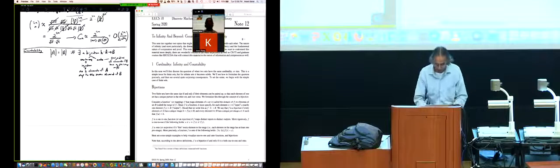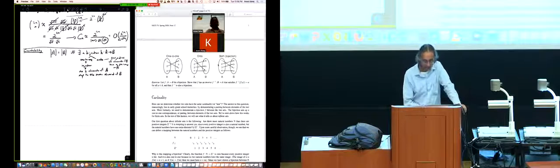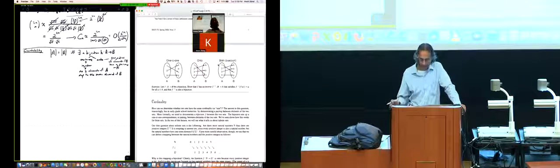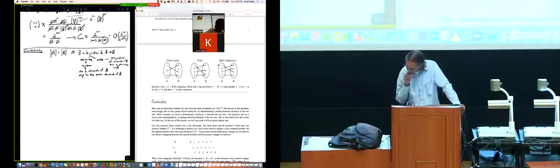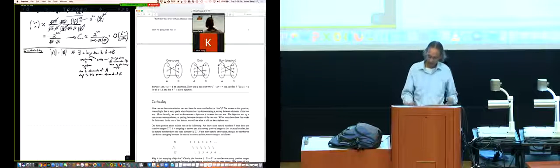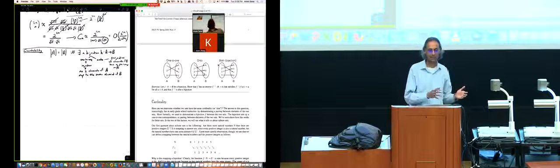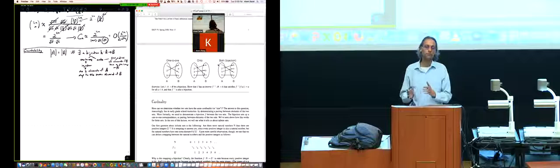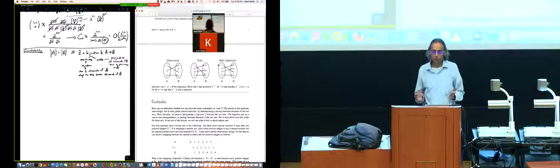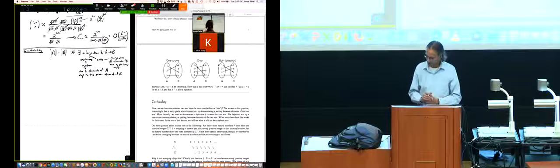There's a nice picture in the notes on the second page which illustrates what this looks like, but these are pretty intuitive concepts. This is saying that two sets are the same size if you can have a one-to-one map that covers everything in the second set from something in the first set. This is almost a definition of same size.